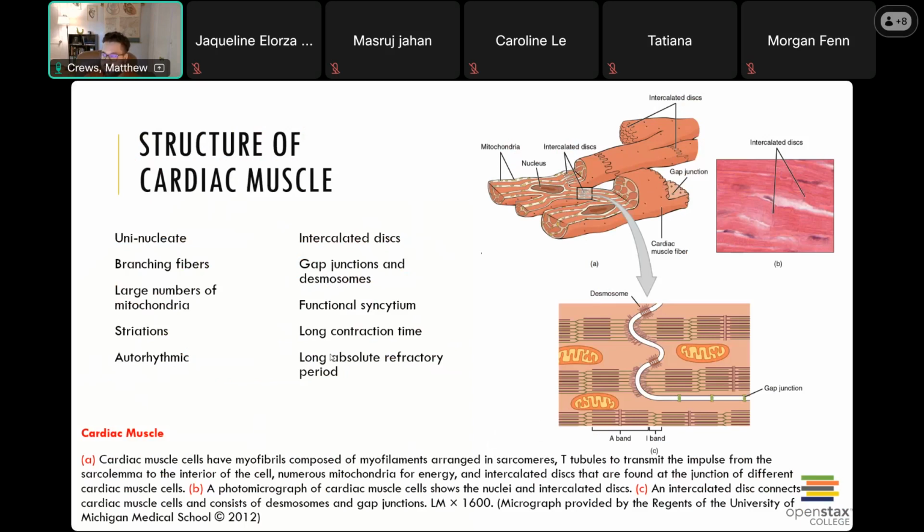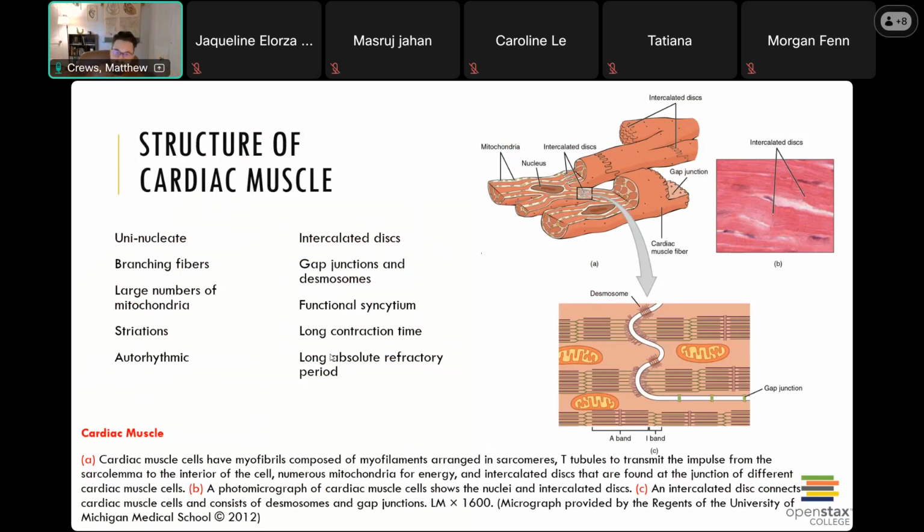Compared to skeletal muscle, cardiac muscle is smooth and steady, but it's not responsive, right? You're not using it to jump out of the way of something, so you don't need all the skeletal muscle contractility speeds.